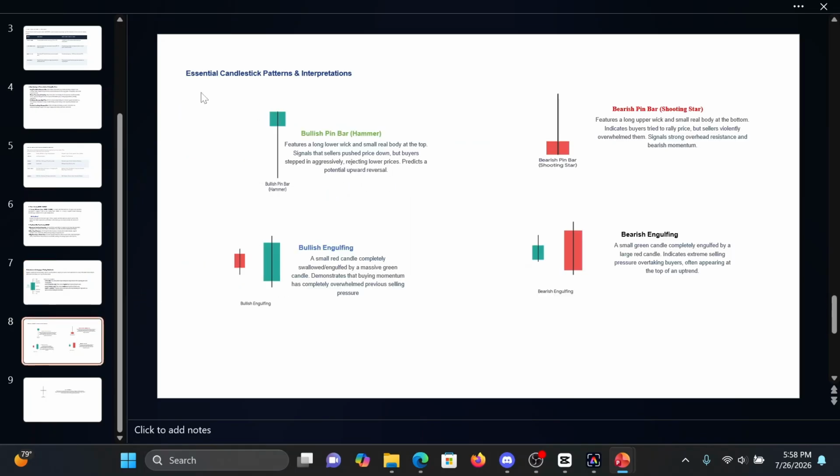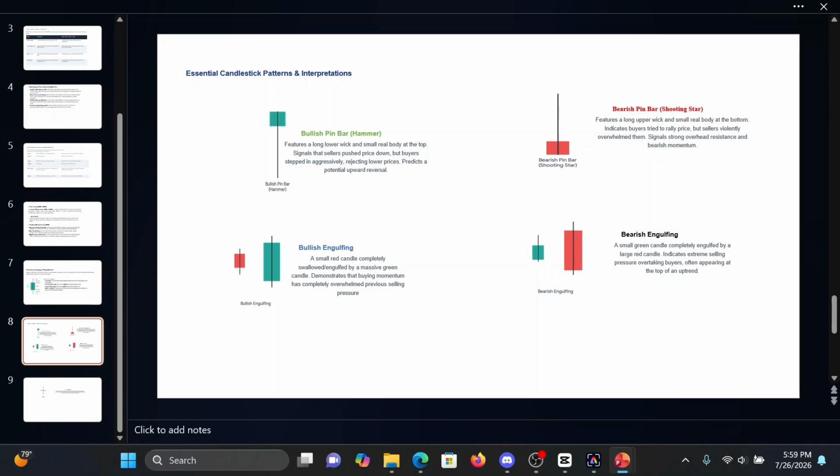So let's look at the essential candlestick patterns and their interpretation. When you see a long tail or long wick, or shadow, with a smaller body on top, it means price opened here, came down, refused to close down, pushed higher, and closed up here.